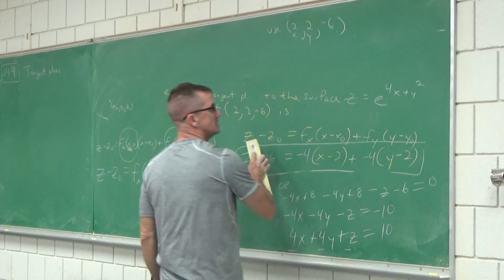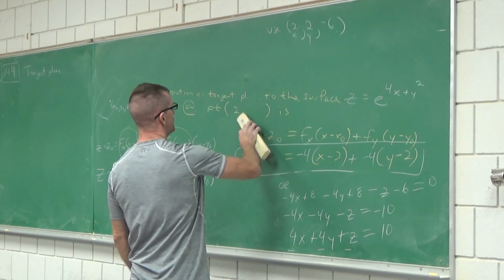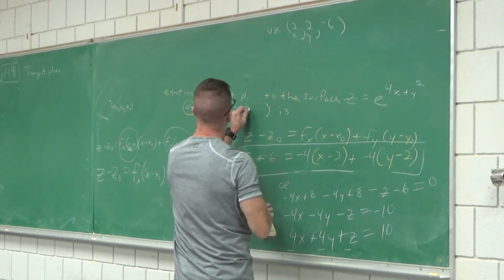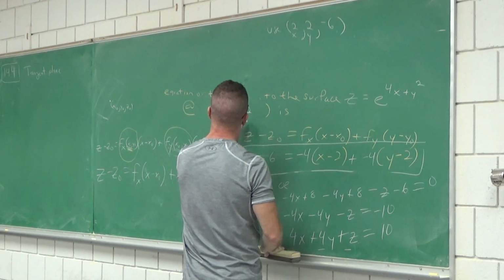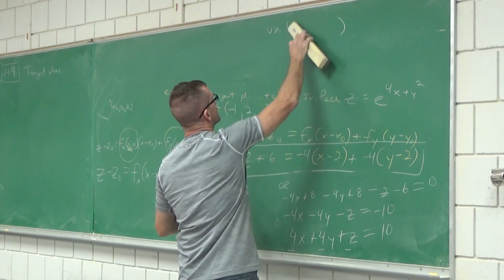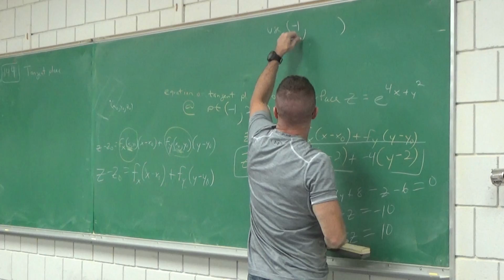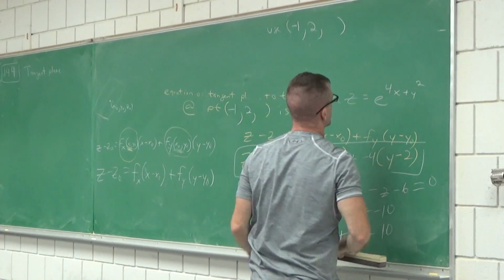The point? How about y is 2, but this time x is -1. I don't know what to use for z though.